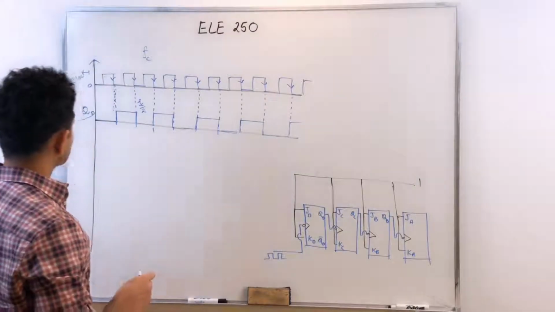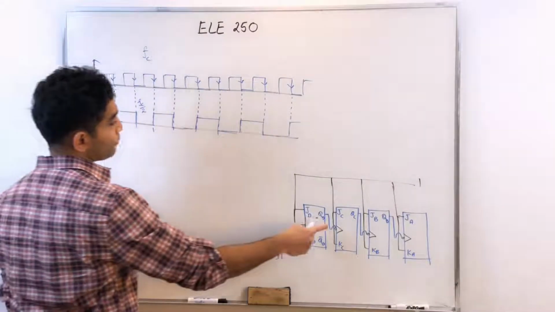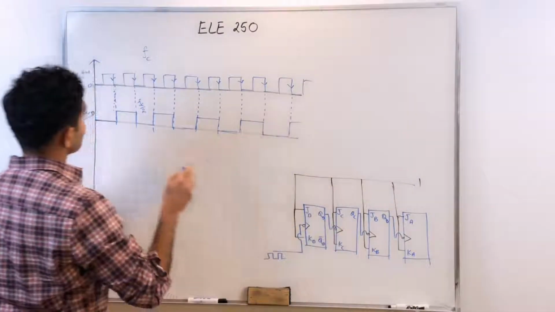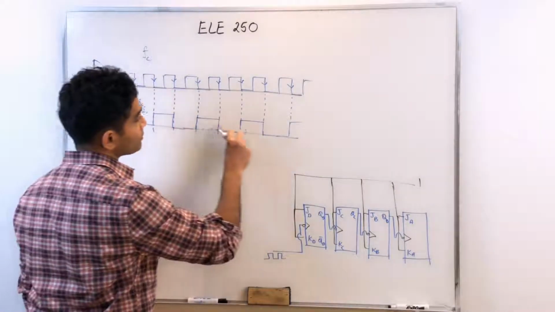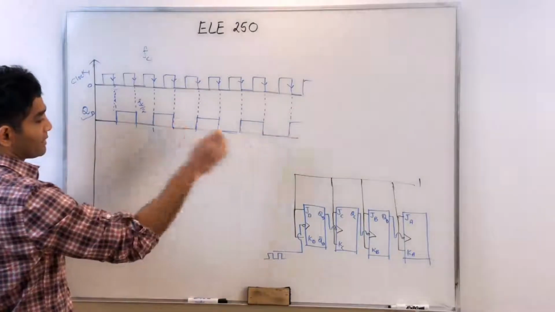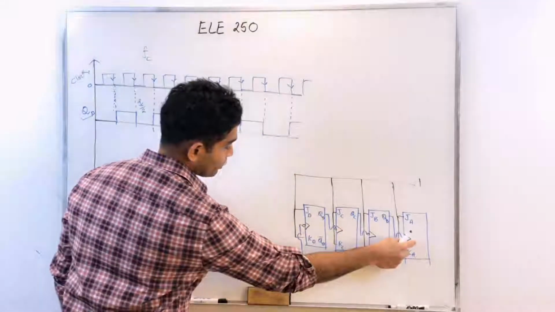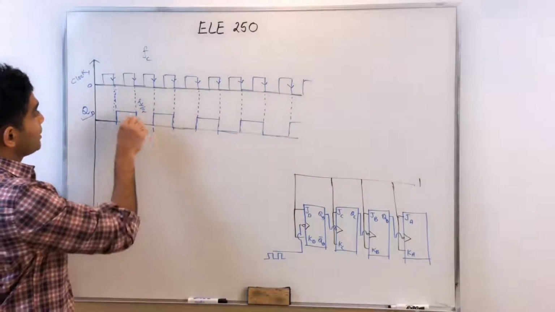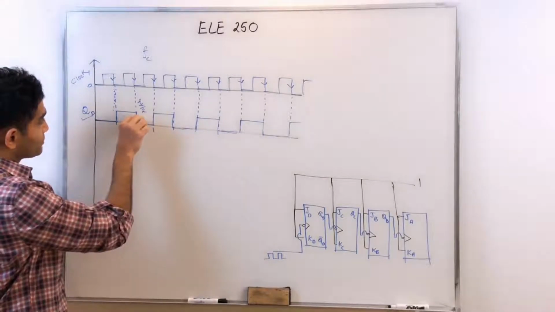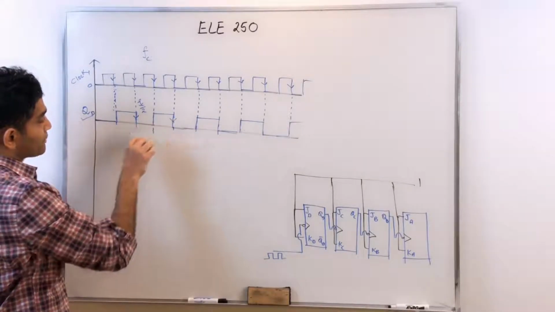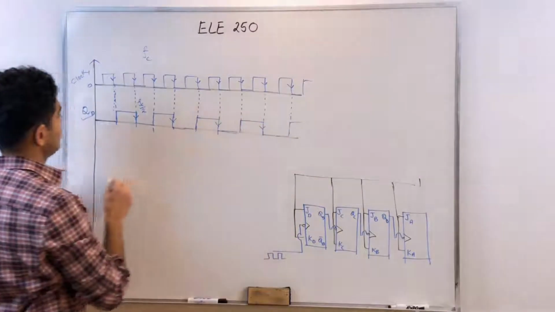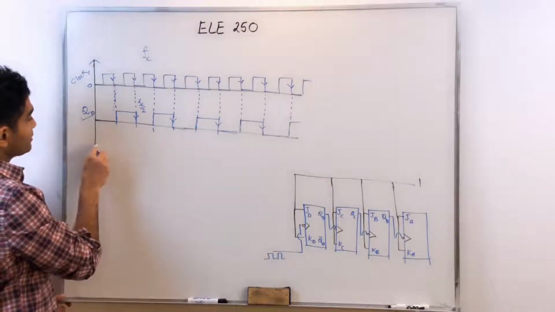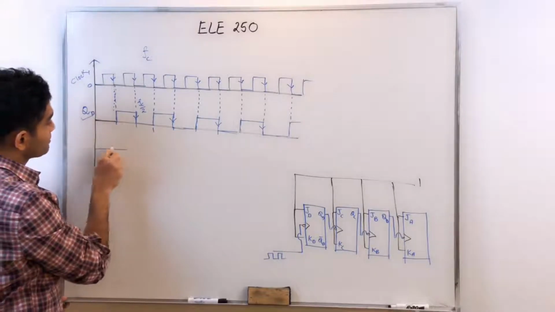If I want to plot what QC would be, first of all, I need to identify what the active edges are. Again, these are all negative edge triggered flip-flops. So this is an active edge. Here's another active edge. That's the active edge for the QC flip-flop, and so on. If I want to plot QC, that would be something like this.